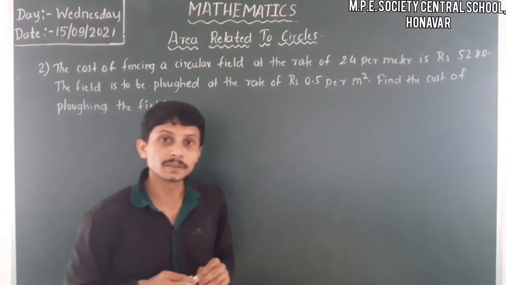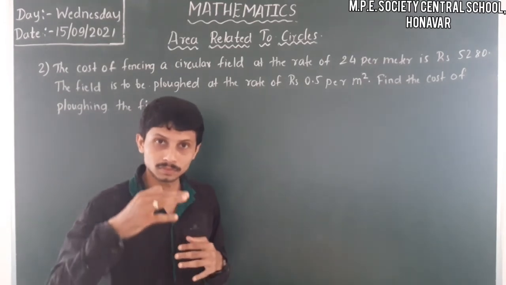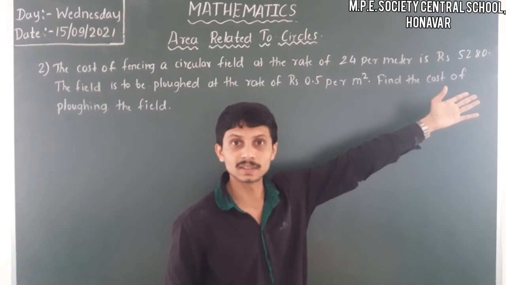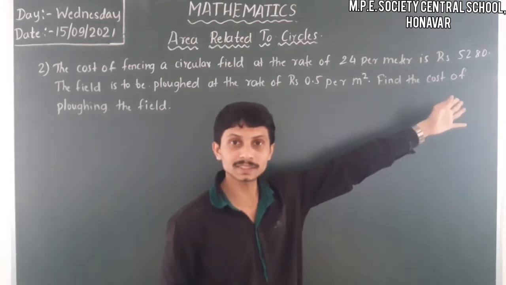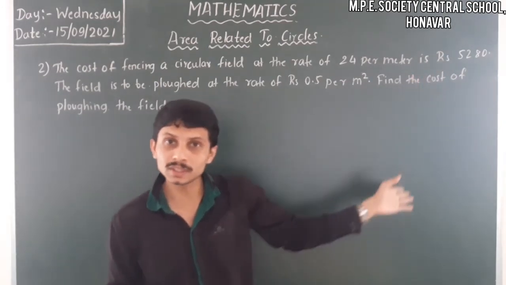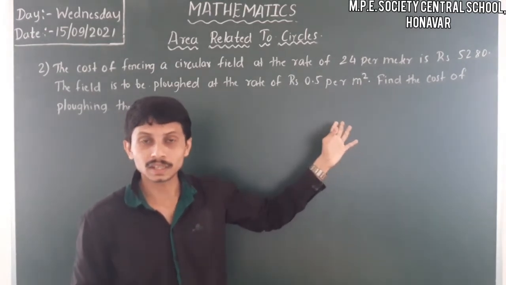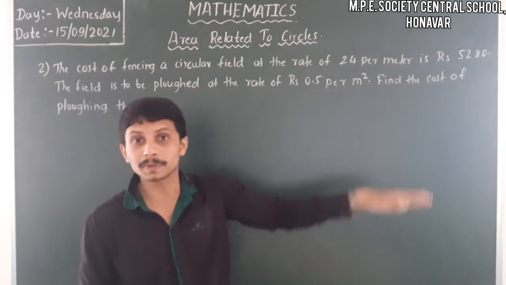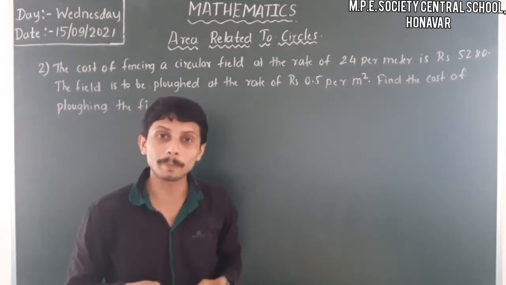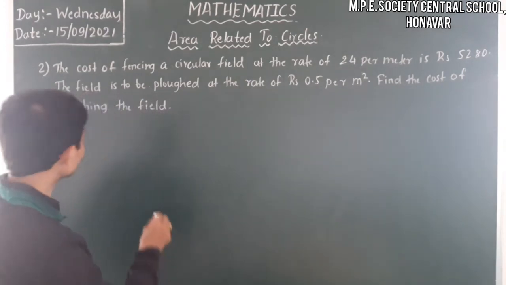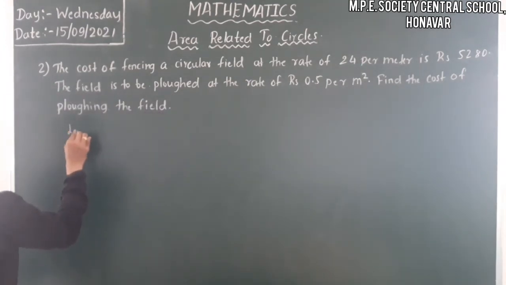Already we know that when you multiply the length of the field with the rate, we get the cost of fencing that circular field. So we have to use that formula and we can get the complete circumference of the circular field. Then using 2 pi r you can find out the radius of the circular field. Yes, let us find out the length of the field.